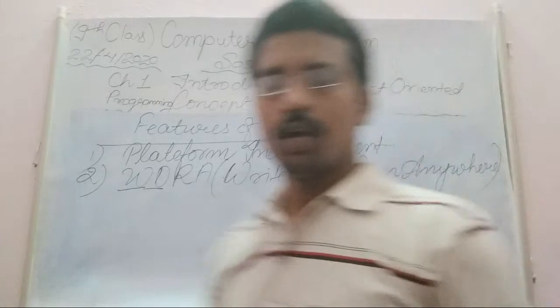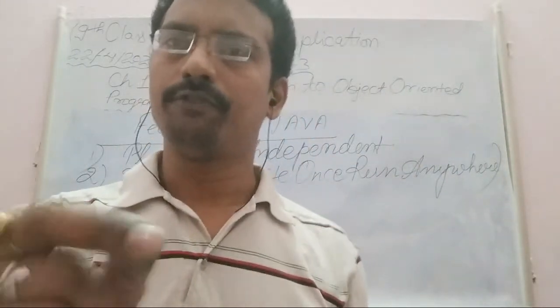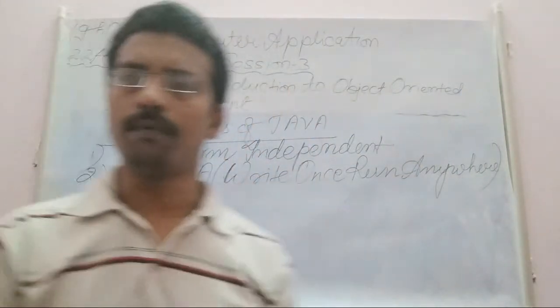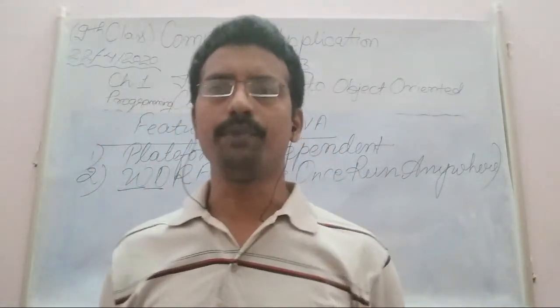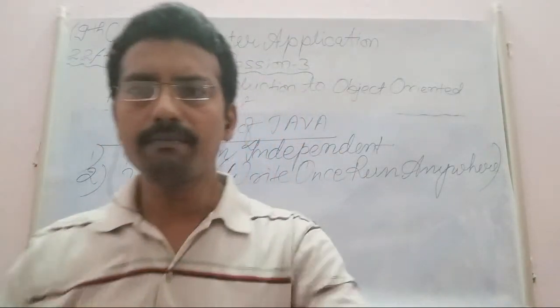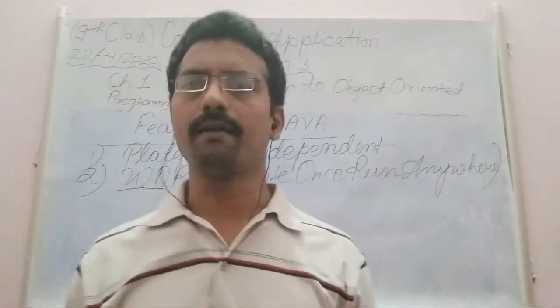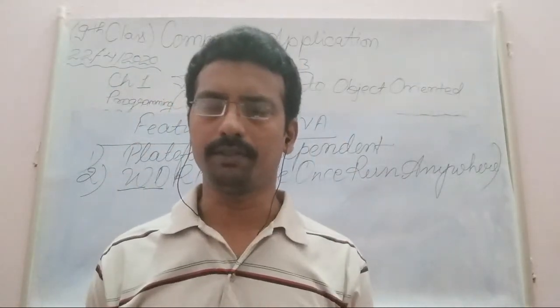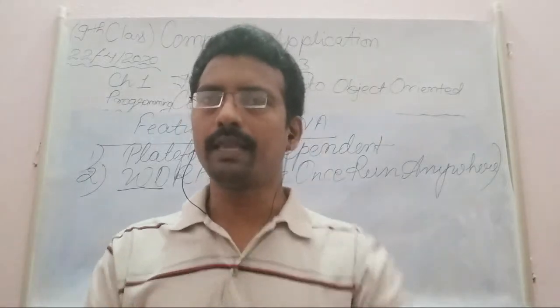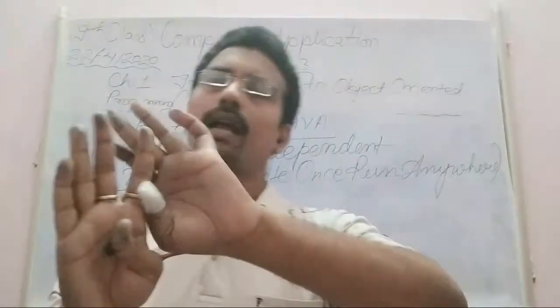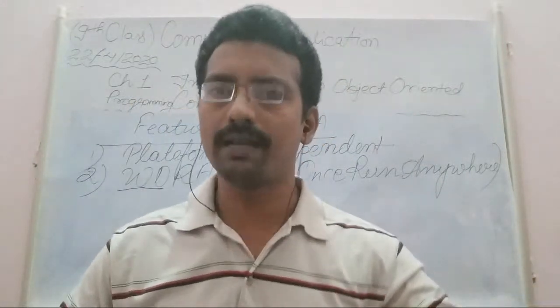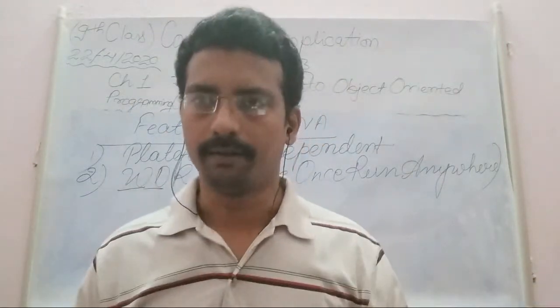This is another feature of Java which allows the Java coding, once it is written on one computer, to be executed on multiple computers multiple times. It's not just that it can be copied from one computer to another and run there, but on any computer where Java is available, it can run.